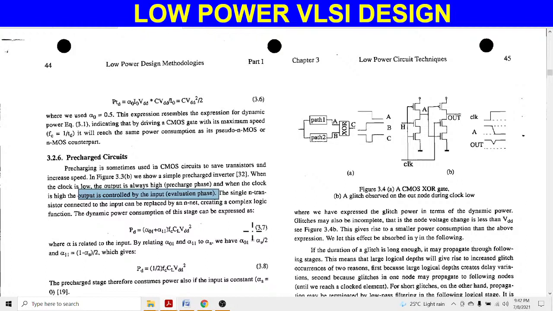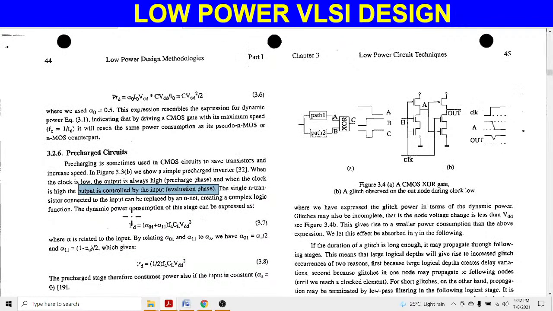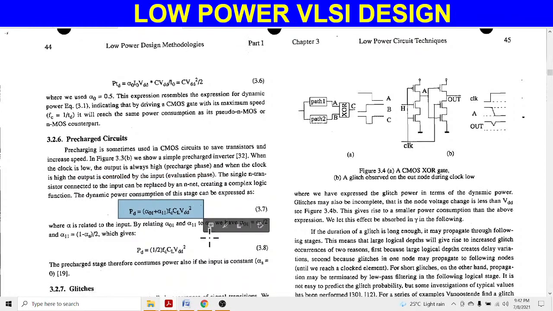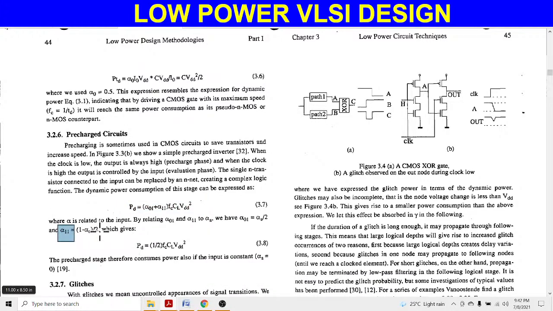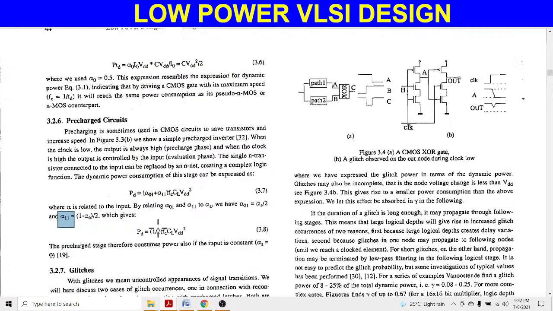Okay, so at that time if we want to calculate the dynamic power dissipation of this pre-charge circuit, it can be represented by this mathematical expression. And if we represent the value of this switching probability alpha 1 as 1 minus alpha a by 2, then this mathematical expression will change into this form.